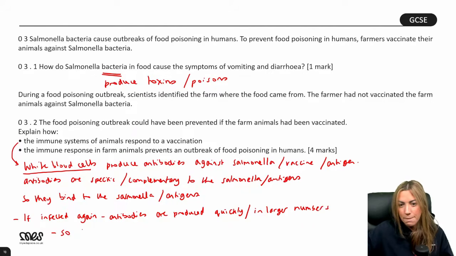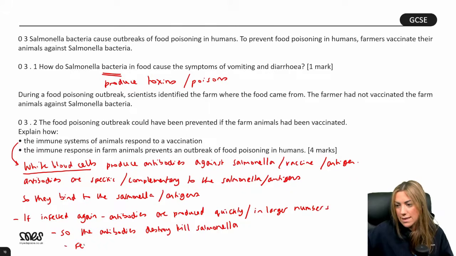So the antibodies destroy or kill the Salmonella, okay? Which ultimately means there'll be fewer Salmonella bacteria in the animals.